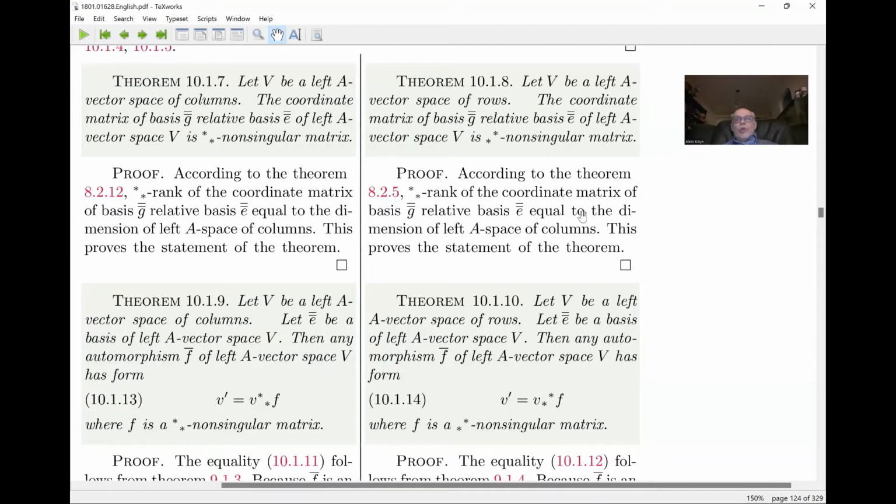A similar theorem is true for a left A vector space of rows. Let V be a left A vector space of rows. The coordinate matrix of basis G relative to basis E of the left A vector space is an RC non-singular matrix. We see that we use here a different type of product.